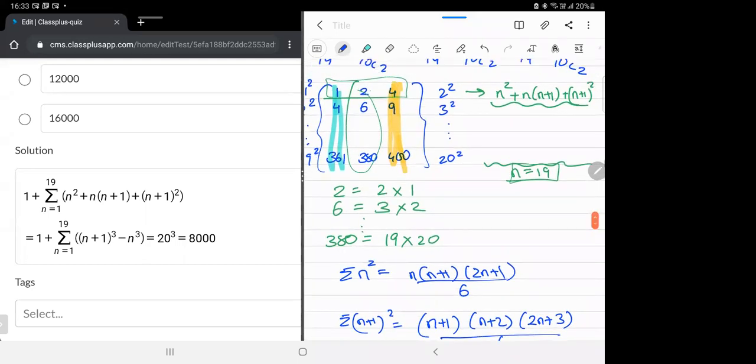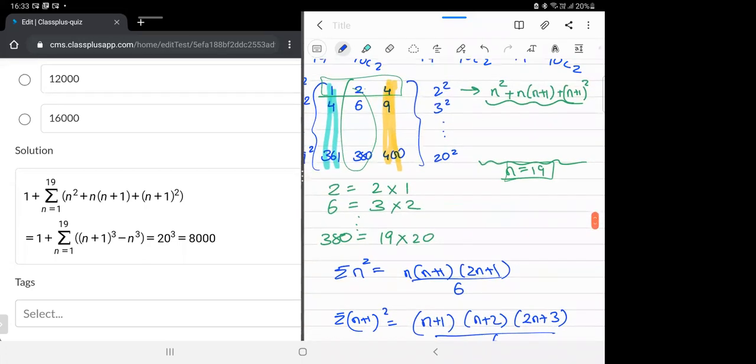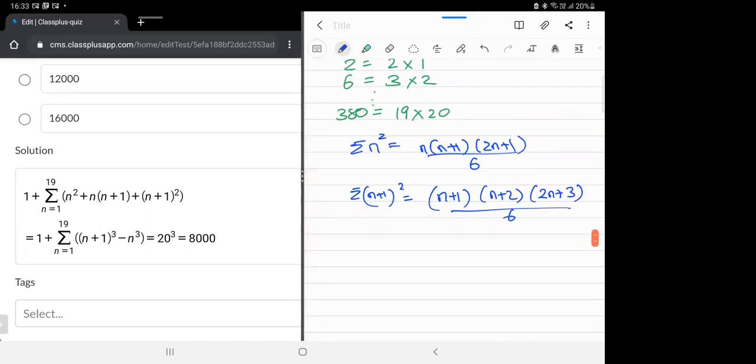Right. But in this case, in (n plus 1) square, you notice that n is going from 1 to 19, right? So after that, you can just take things common and you can expand it.